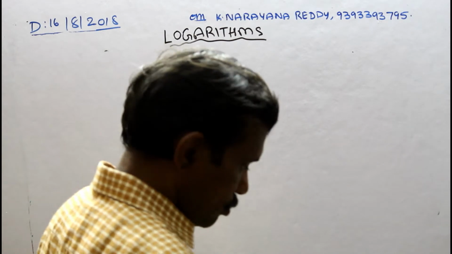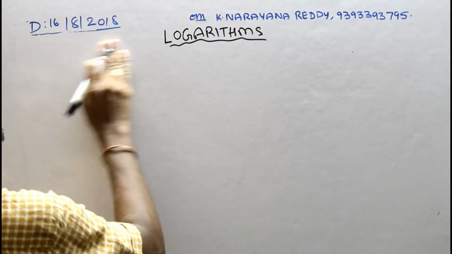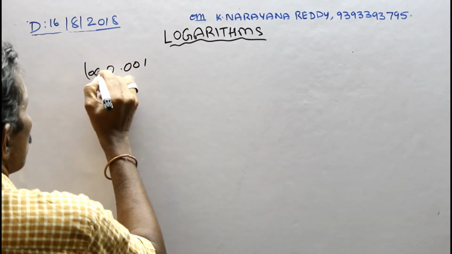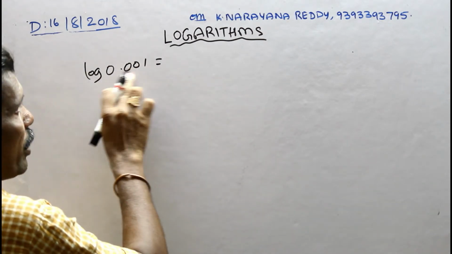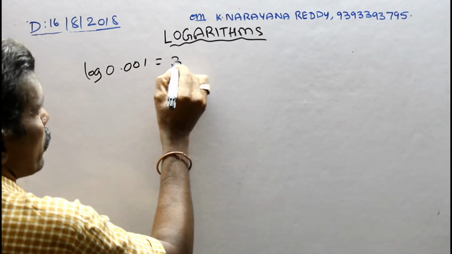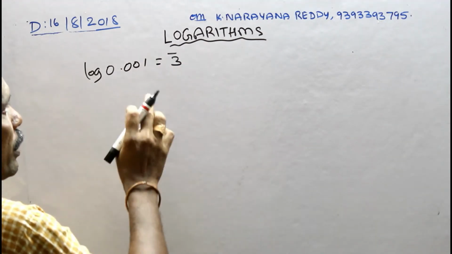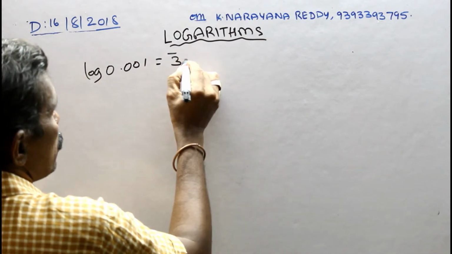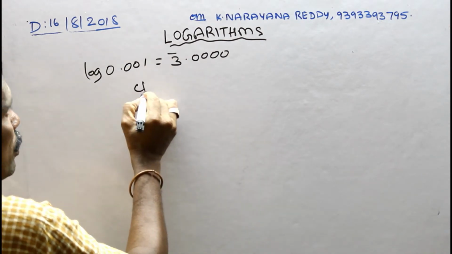For example, log 0.001. Here, how many digits are there after the decimal? 1, 2, 3. That is bar 3. So .001 means bar 3. 2 zeros, then 1, so 10 to the power minus 3. So what is the characteristic value here?